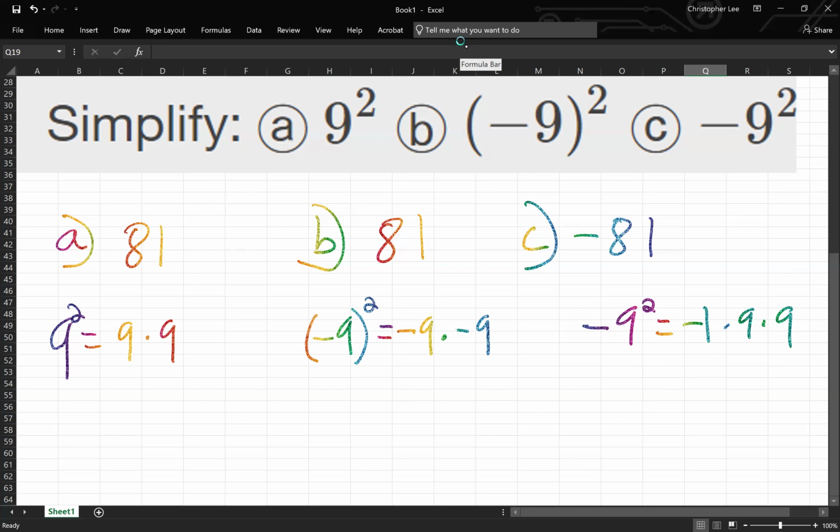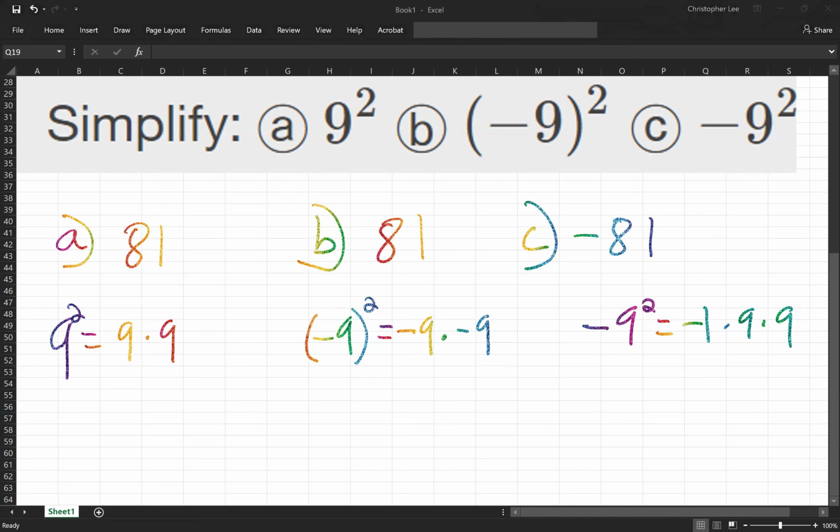That's what the negative sign on the outside without the parentheses means. But when it's inside, it gets carried with the 9. That's the difference. The minus sign in front of the 9, that's the negative one.